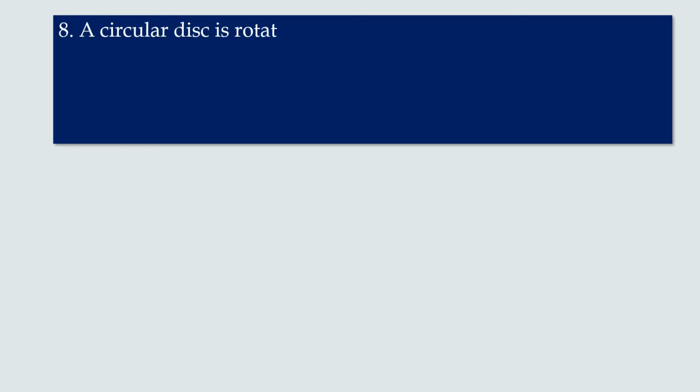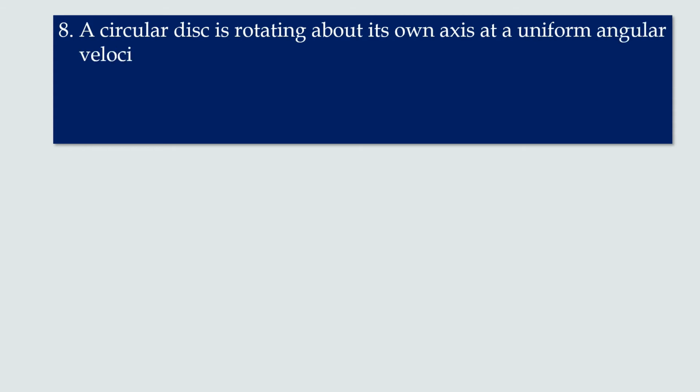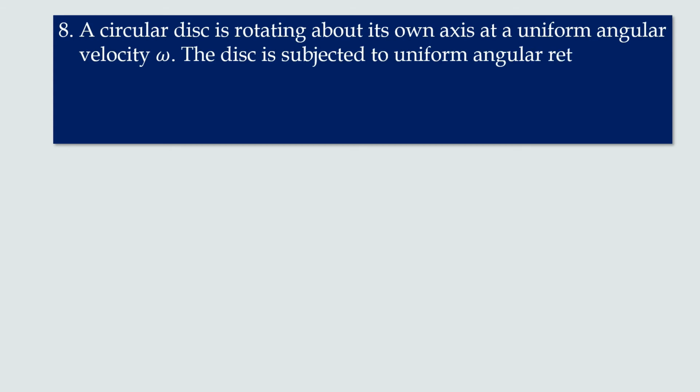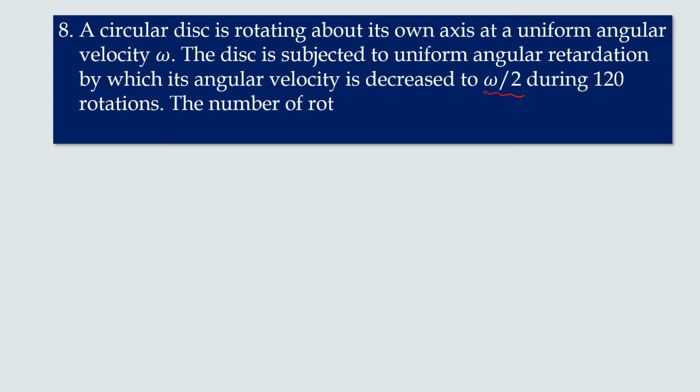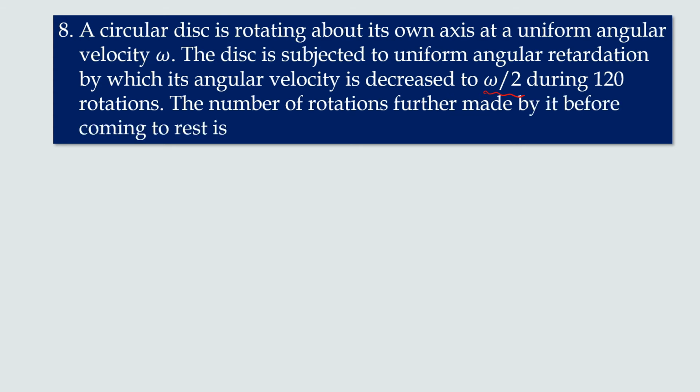A circular disc is rotating about its own axis at a uniform angular velocity omega. The disc is subjected to uniform angular retardation by which its angular velocity is decreased to omega by 2 during 120 rotations. The number of rotations further made by it before coming to rest is. Now let us go to the solution.